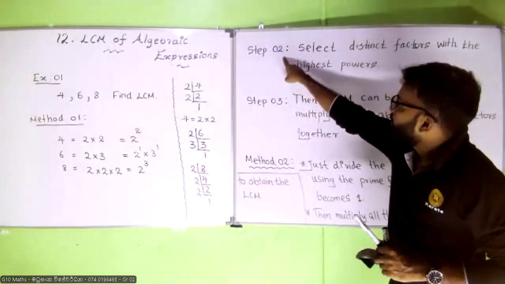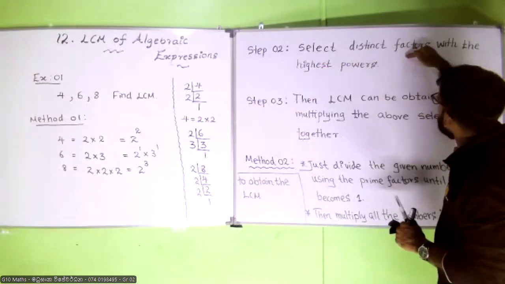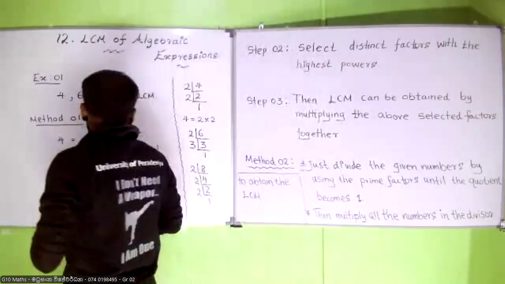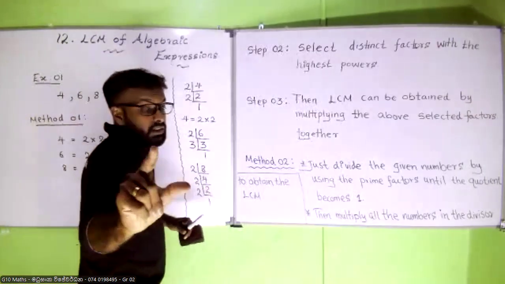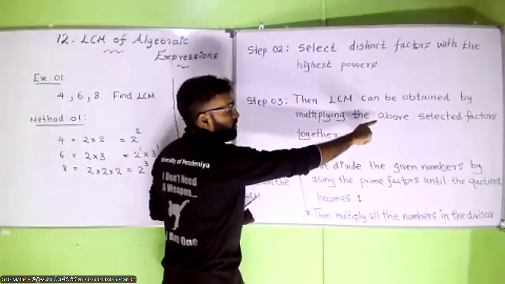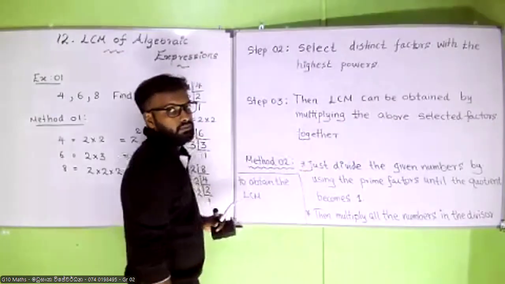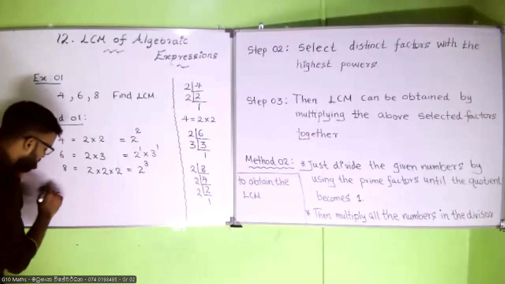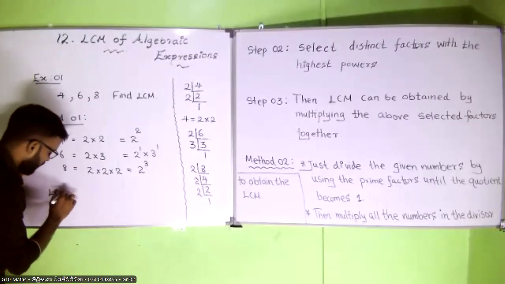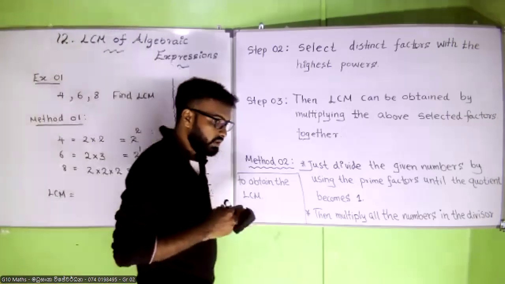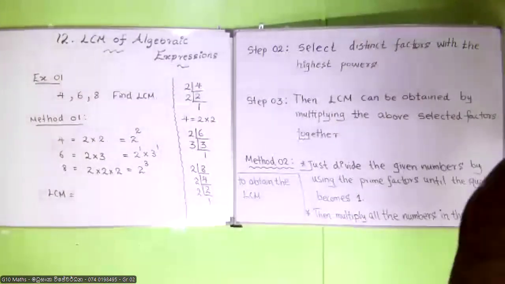Then step number 2: select the distinct factors with the highest powers. Then the LCM can be obtained by multiplying the selected factors together. So before obtaining the LCM, we have to select the different numbers with the highest powers.